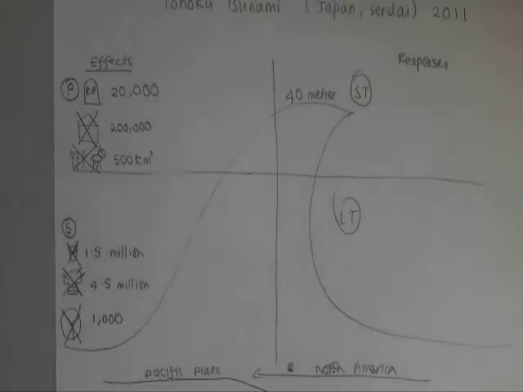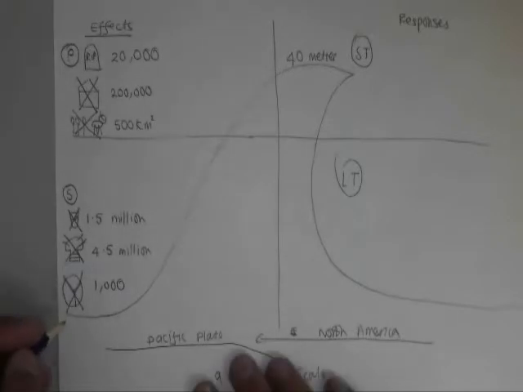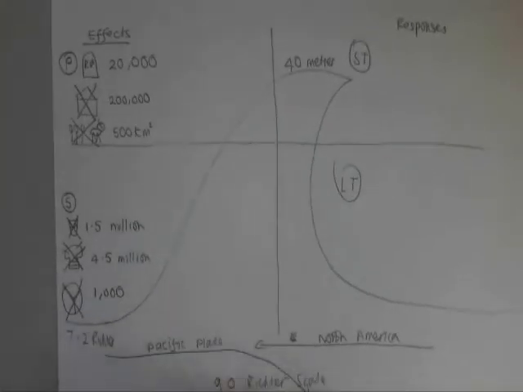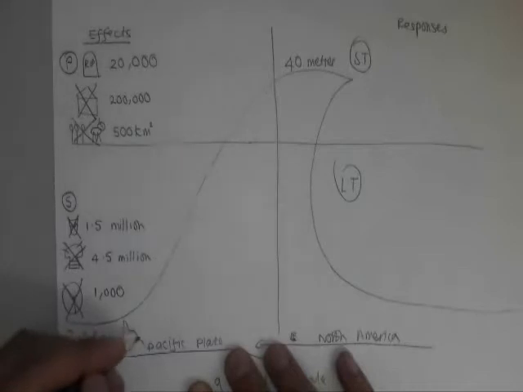Another impact you had was aftershocks. After the initial earthquake of 9.0, you had aftershocks measuring upwards of 7.2 on the Richter scale, and that actually led to debris and landslides.